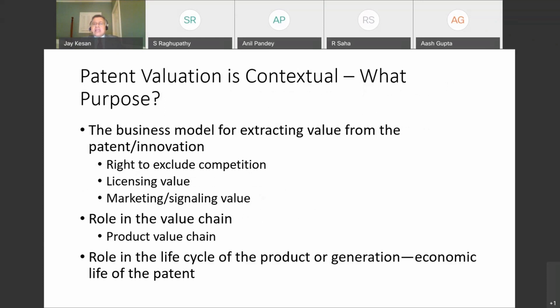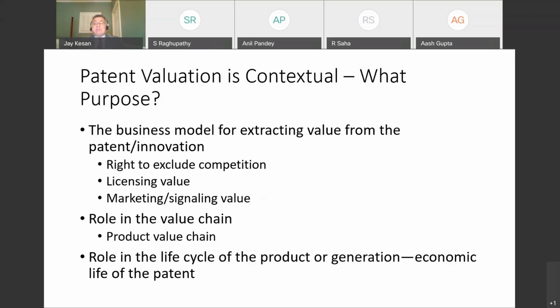Closely related to whom is what purpose, because the business model for extracting value from your patented innovation is also a very important measure to value a patent.